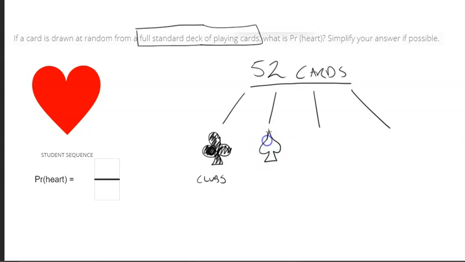And these two traditionally are black. The other 2 suits are hearts and diamonds. And these 2 are traditionally red. Okay, so we have these 4 types of cards that we have within a standard deck.